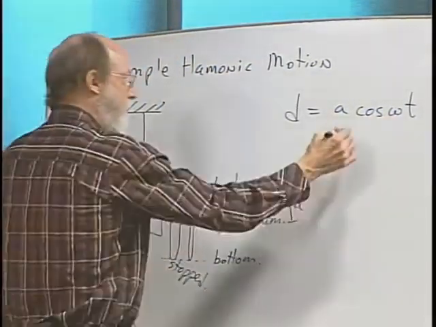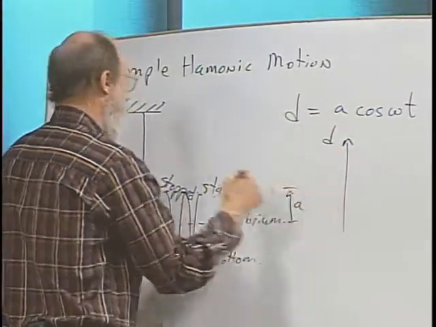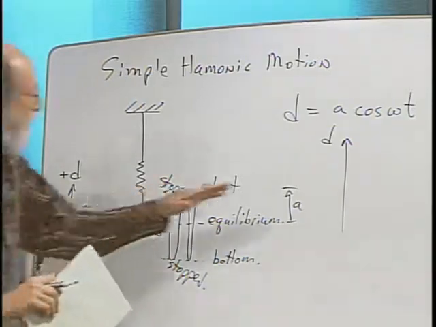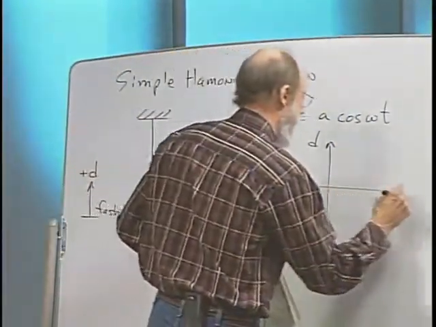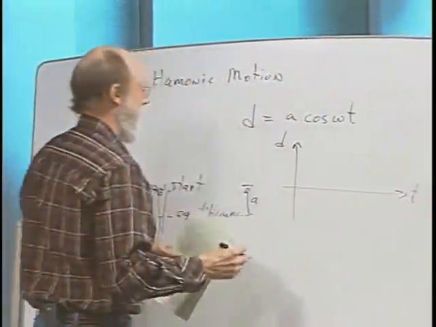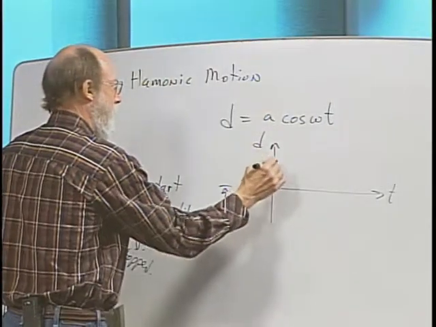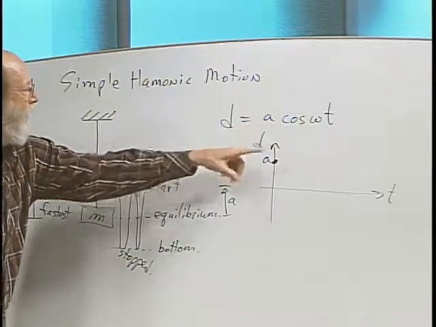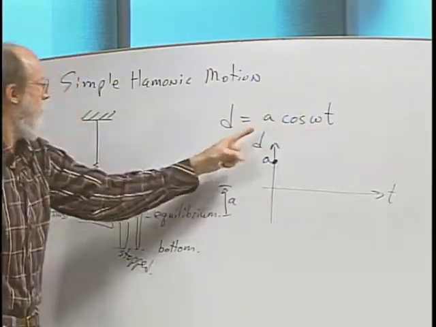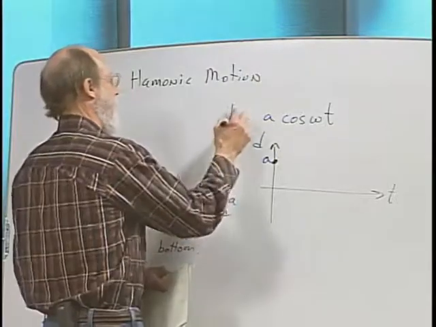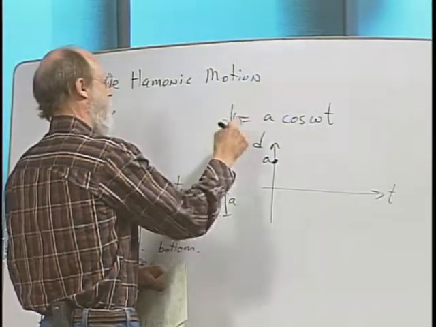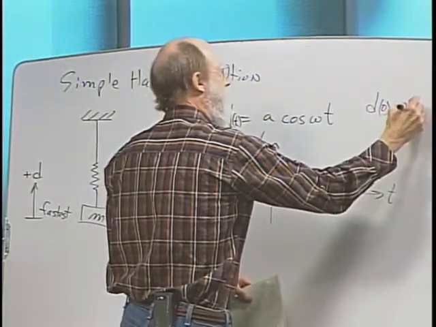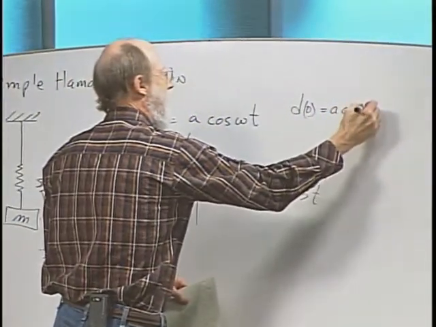So if we graph that displacement, where this mass happens to be as a function of time, then it's going to start up here with some positive d, with d equaling a at time 0. If I treat this as a function of time, then d of 0 is a cosine of 0.